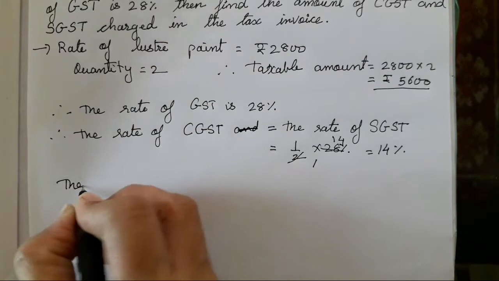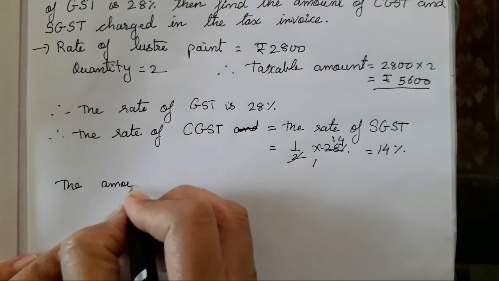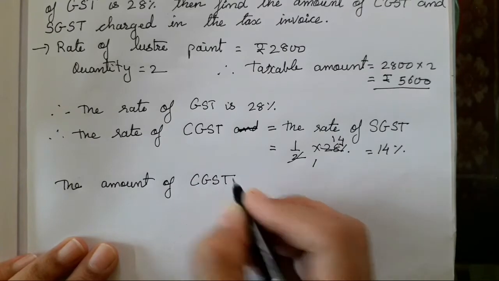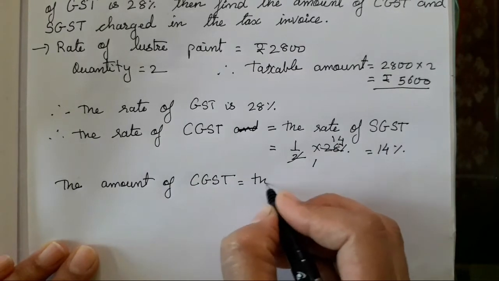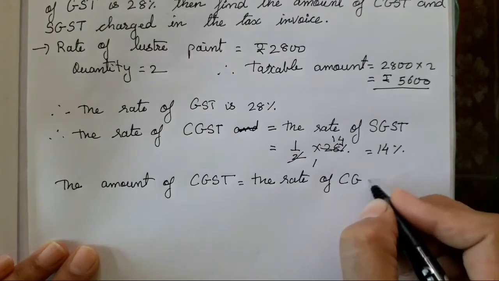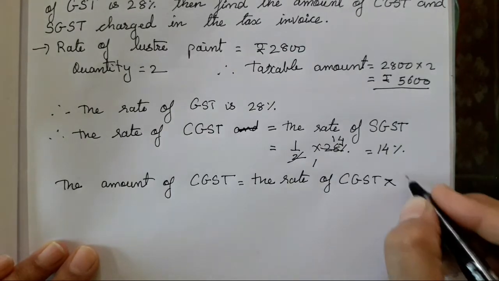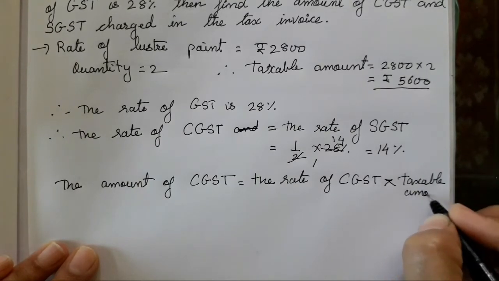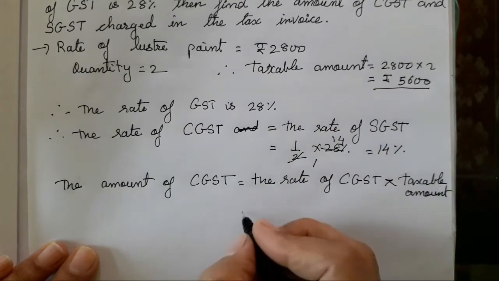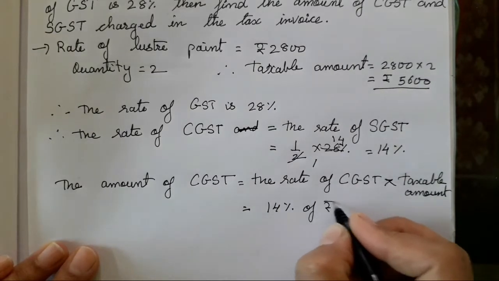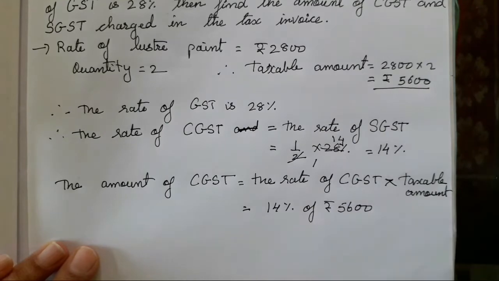Now the amount of CGST is equal to the rate of CGST into the taxable amount, which is going to be 14% of rupees 5,600.